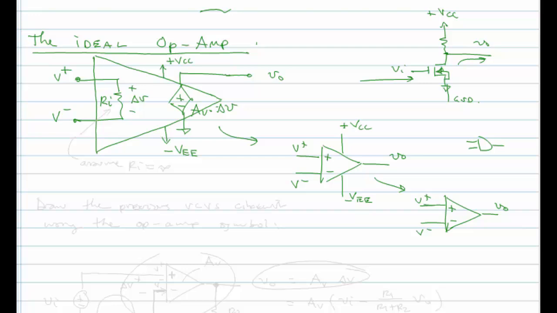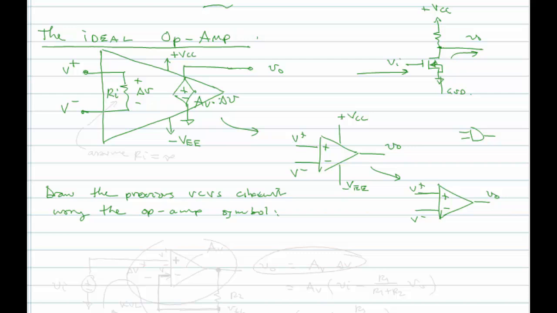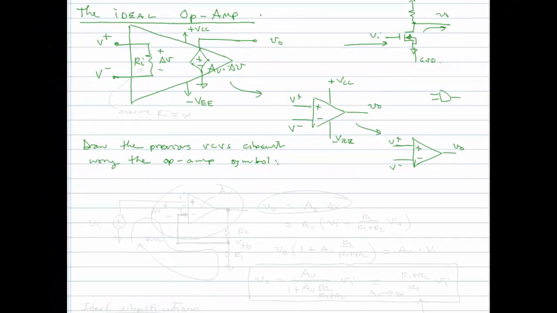Okay, so let's draw the previous voltage-controlled voltage source circuit using the op-amp symbol. What we're going to find is that the circuit that we just came up with, using this abstract high-gain voltage-controlled voltage source, is a real circuit that you can go in the lab and build, provided that you have an op-amp.